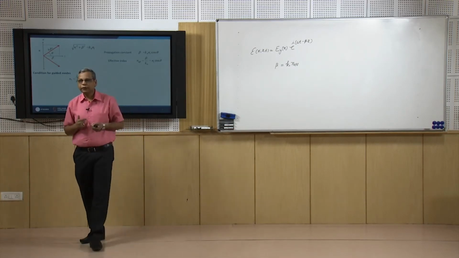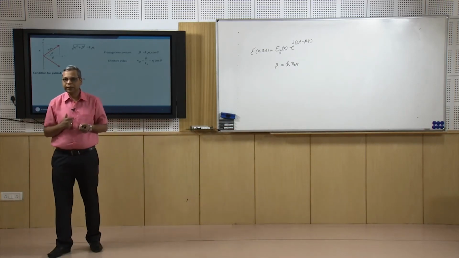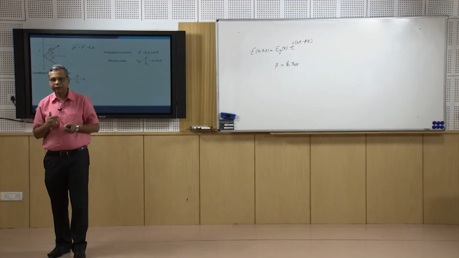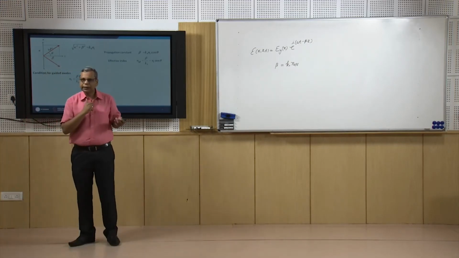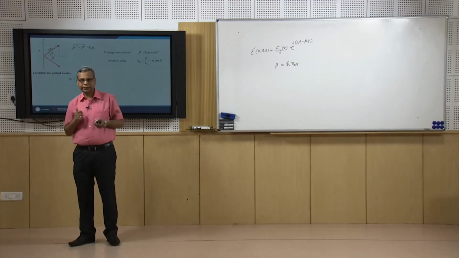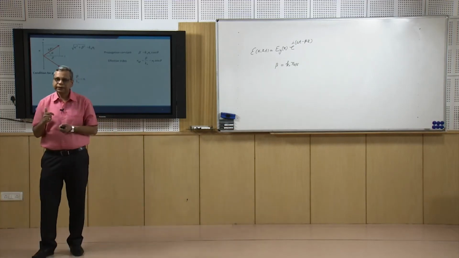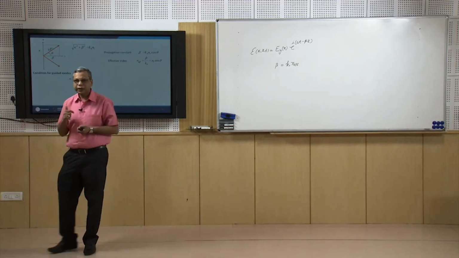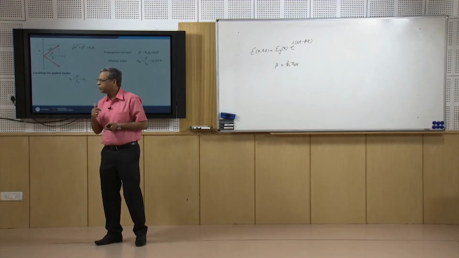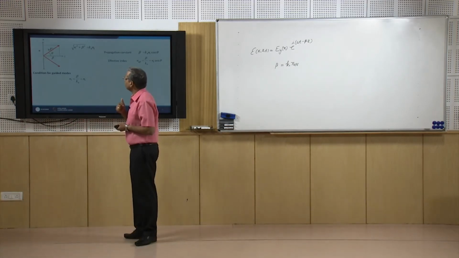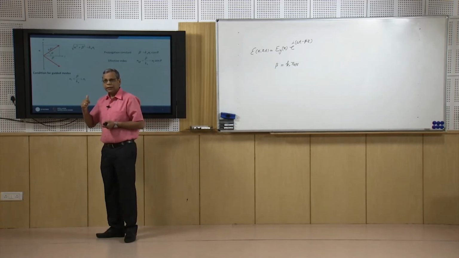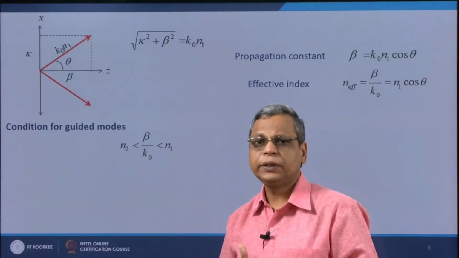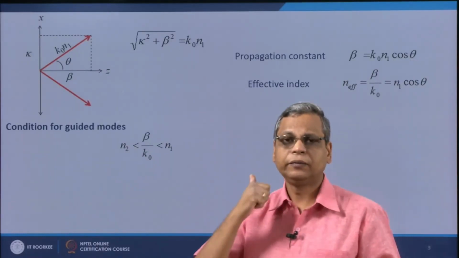So, the effective refractive index would be somewhere between n2 and n1. That was intuitively correct, but not rigorously correct. Rigorously, n effective defines the velocity with which a particular field pattern will travel.